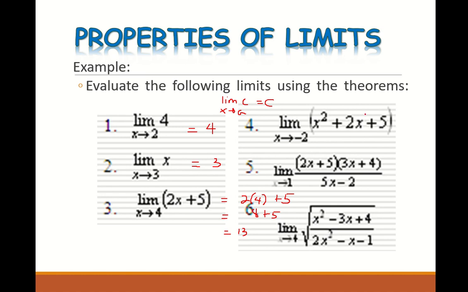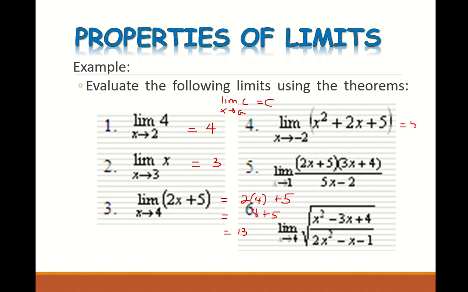When you substitute the value of negative 2, negative 2 squared is 4, right? Then plus 2 times negative 2, negative 4. So positive 4 minus 4 is 0. So what is left? That is 5. Okay? So the answer for this number is 5.